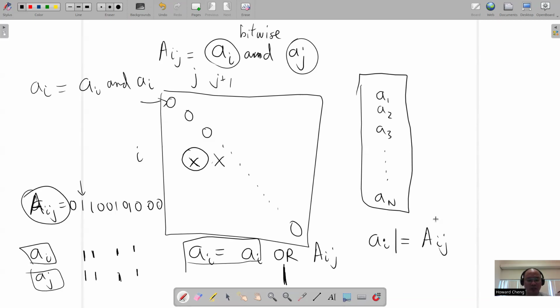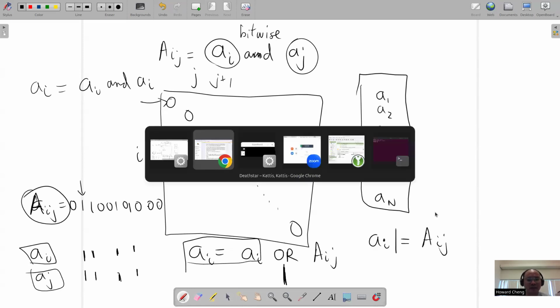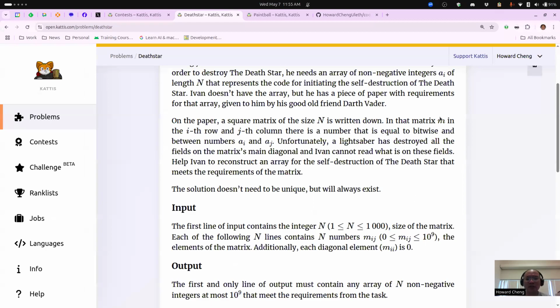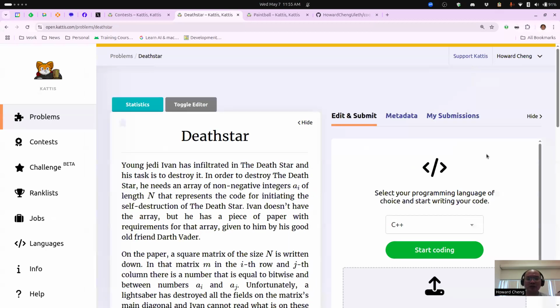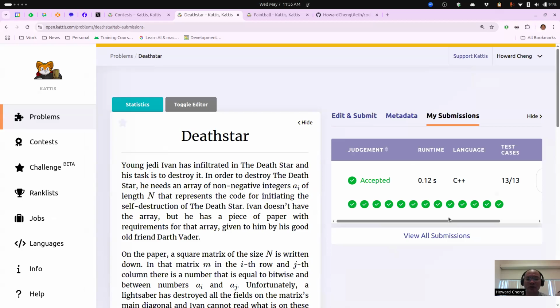If I turn them all on, the answer is yes. It cannot not work, I guess. You might have to think a little bit about why that is the case, but I'll just leave it at that. So the code, again, this is more of a thinking problem, but the code itself is fairly short.